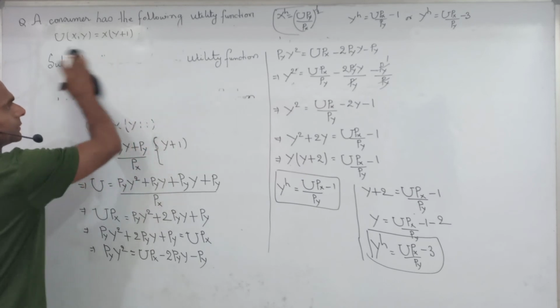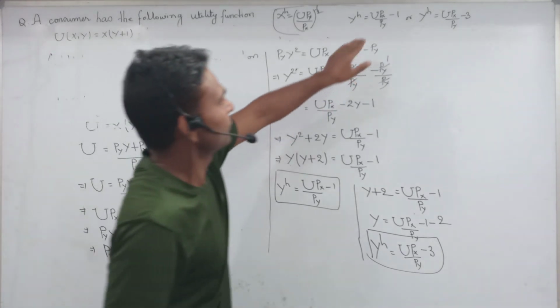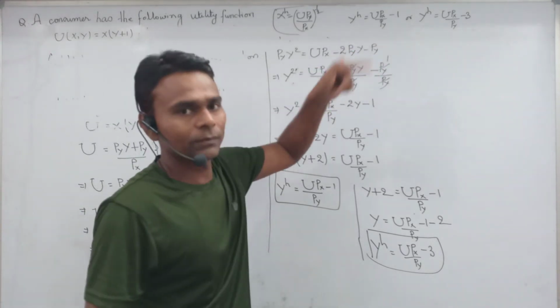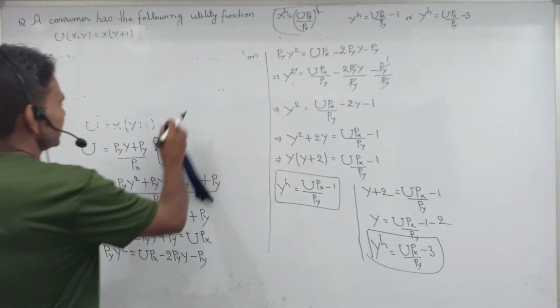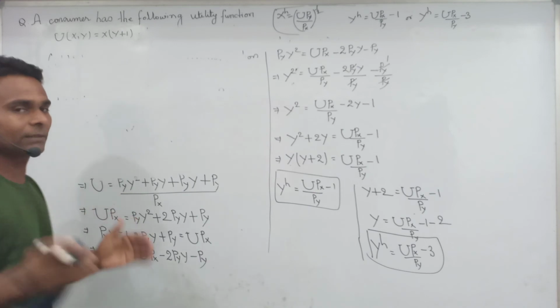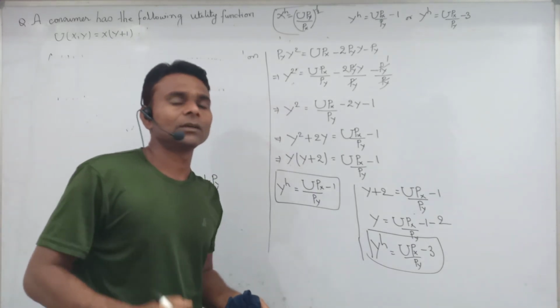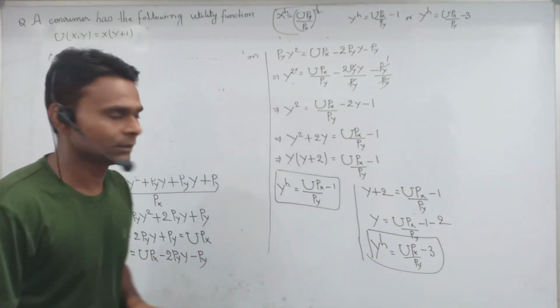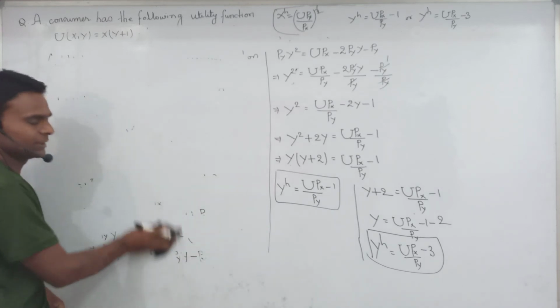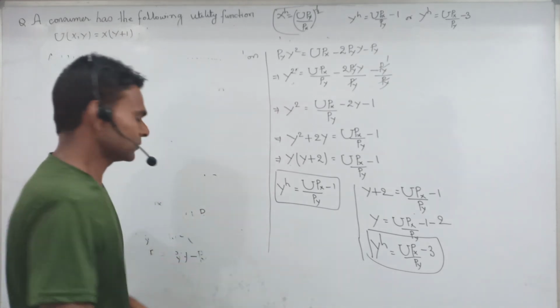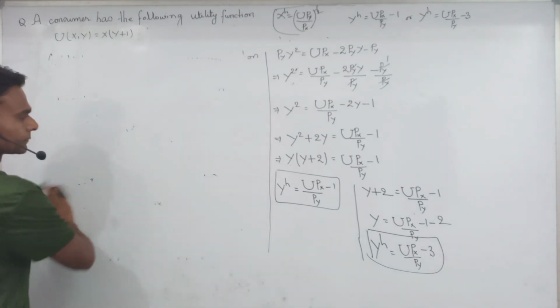You can see both are functions of utility and price of x and y. This is the compulsory condition for calling any demand function a Hicksian demand function, that it is a function of utility, price of x, and price of y.